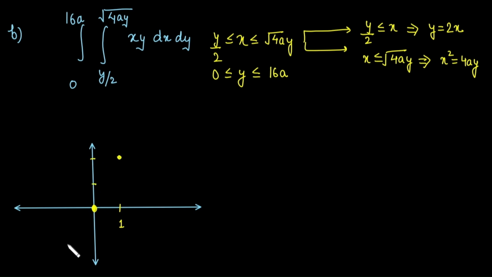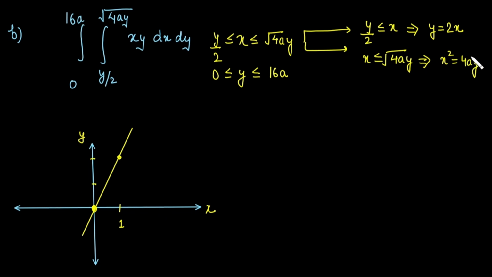So we need to take a line passing through these 2 points. Then we need to sketch the next curve, that is x square equal to 4ay. As you can observe, this is a parabola. We need to observe on which side the parabola opens. Here we can check it. Put any value of x, may be negative, may be positive.